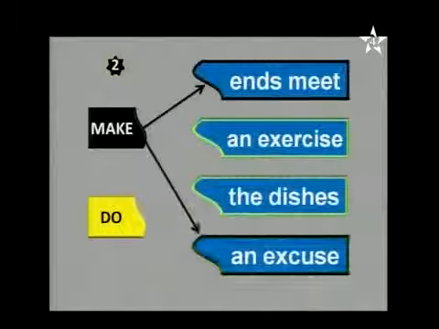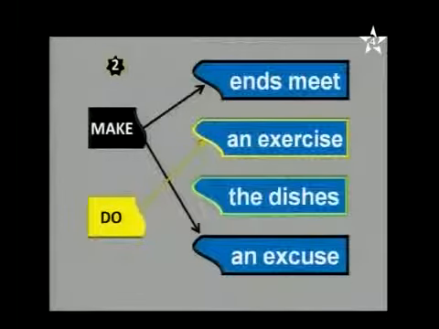Make an excuse. What about an exercise? Do we say make or do? Of course we say do an exercise. And the dishes, make or do the dishes, of course we say do the dishes.